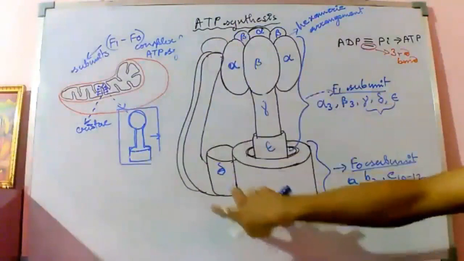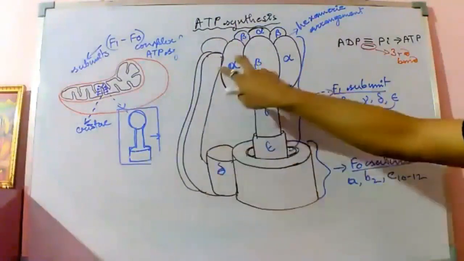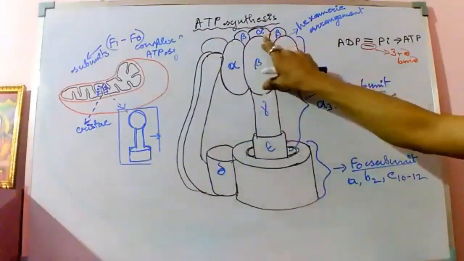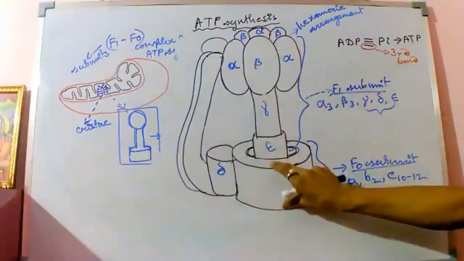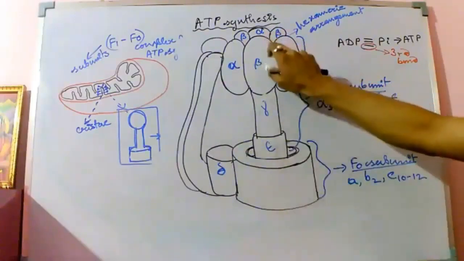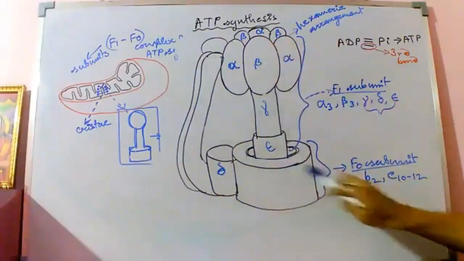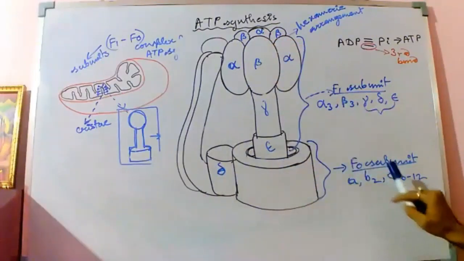These are two units linking the hexameric head of the F1 subunit with the base of the F naught complex.